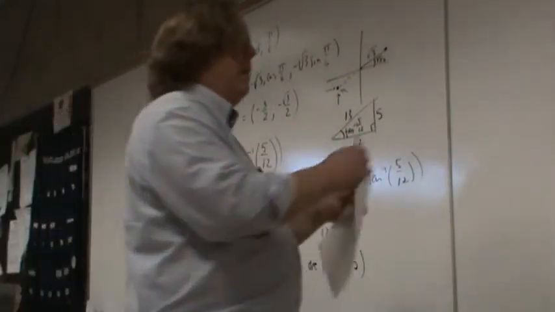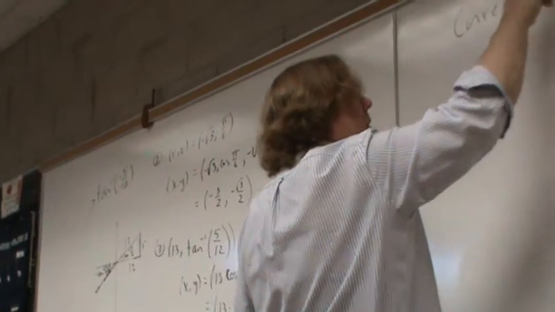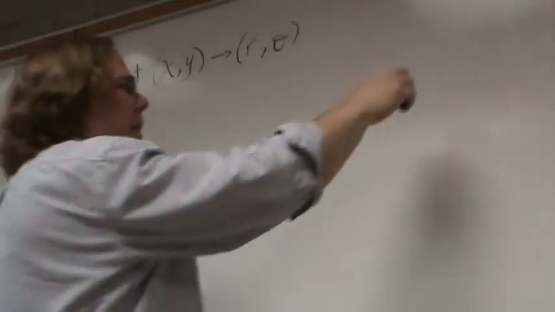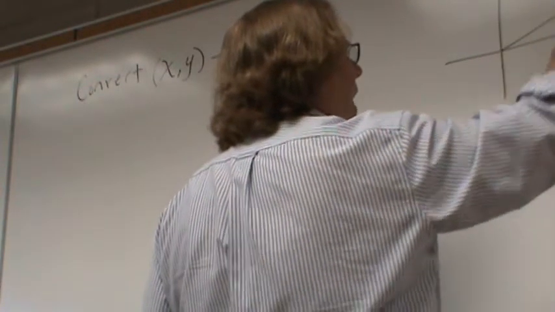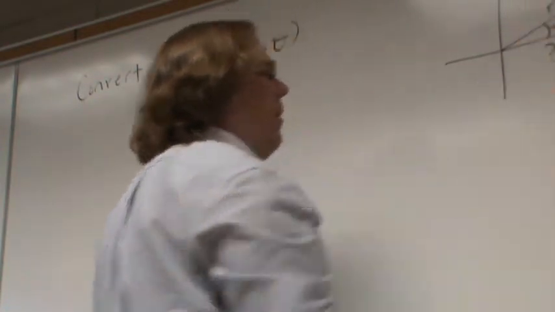Okay, here we go. Let's convert x comma y into polar. Let's say we want to go in the other direction. Again, making the classic drawing where here's x, here's y, here's theta, and here's r. Now we're starting with x comma y, and we want to get r and theta.